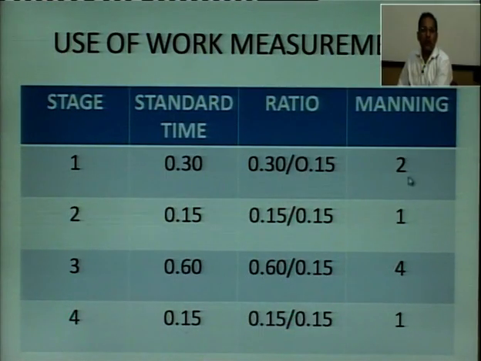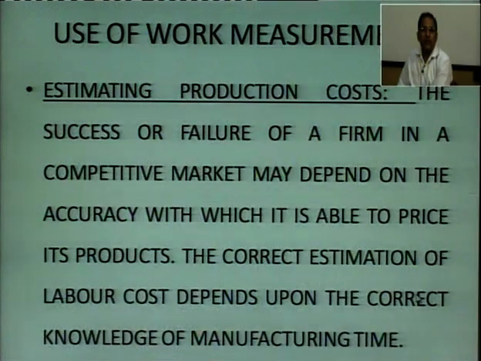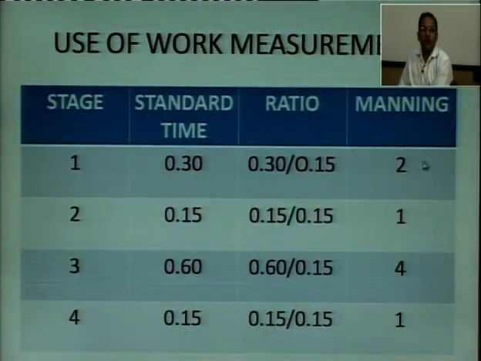The manning required here is 2. Stage number 2, standard time is 0.15, the ratio is 0.15 divided by 0.15, the manpower is 1. Similarly, the total manpower required is 2 plus 1 plus 4 plus 1, that is 8 persons for this whole assembly line. Thank you.